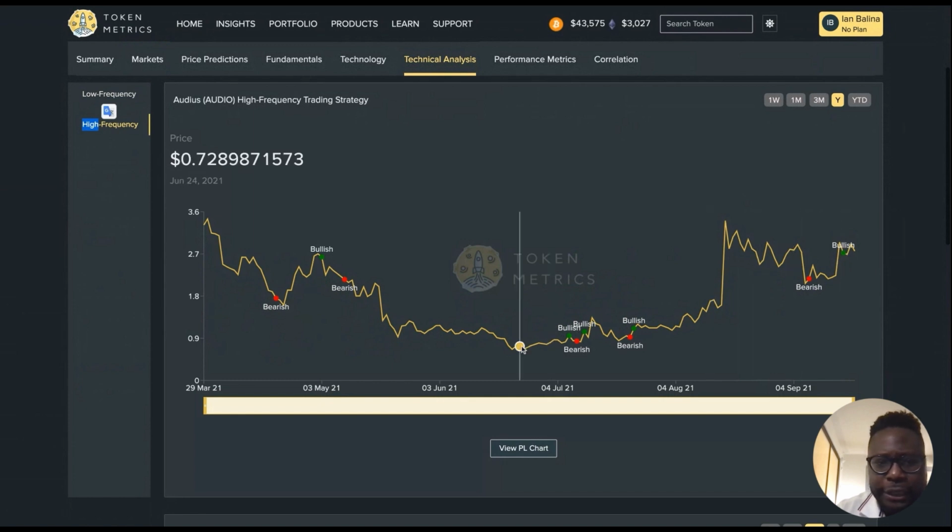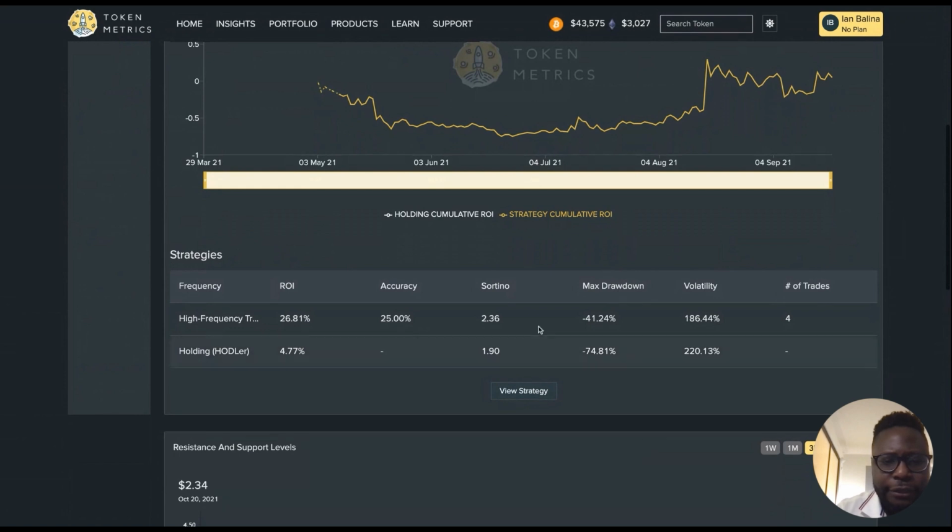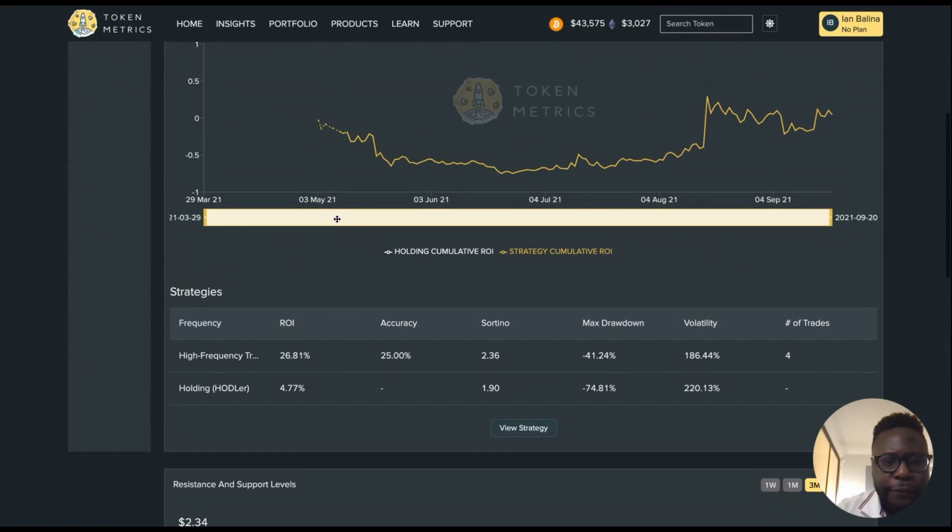So definitely worth looking at that. And here we have the P&L, so we can compare this. Trading this, even though the accuracy is low, 25%, you still would have been better off ROI-wise going through this strategy. You would have made a lot more money, not much though, but with a better Sortino ratio, lower max drawdown, and lower volatility with only 4 trades.